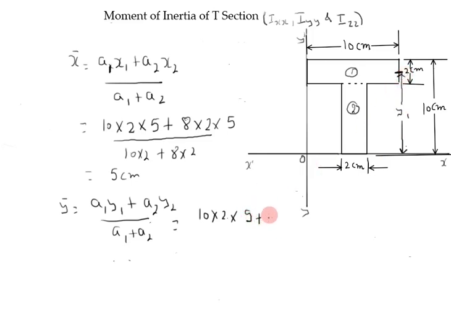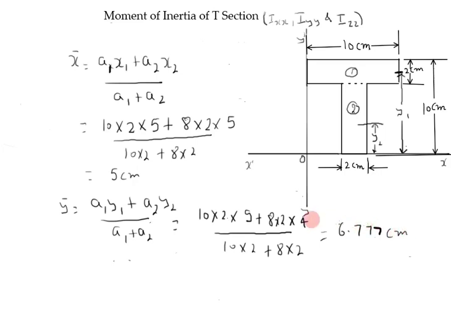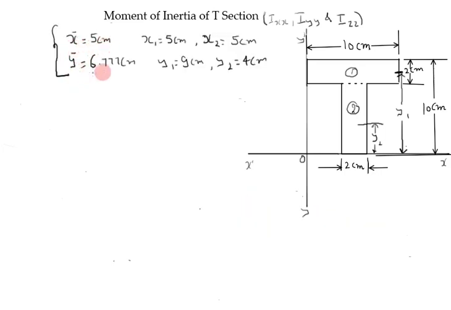Plus a2 is 8 into 2, into y2, the distance of the CG of element 2 from xx dash, which is 8 by 2, 4, divided by a1 plus a2. This comes out at 6.7777 centimeter. So x bar comes out as 5 centimeter and y bar comes out as 6.777 centimeter.